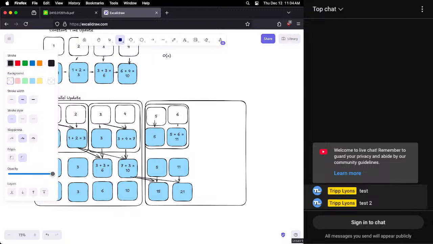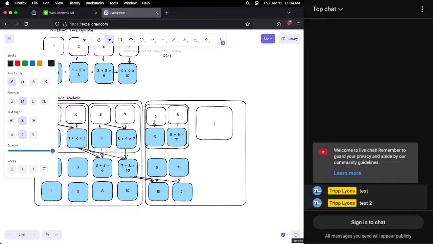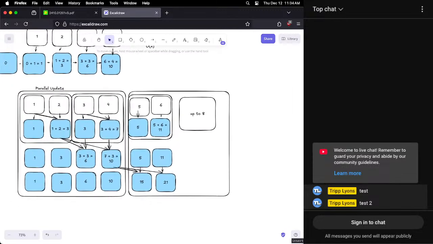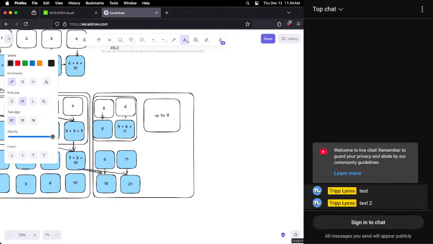And that 3 comes from the fact that we effectively have to scale up, double it 3 times, which means that this can fit up to 8 tokens. You could have tokens here, up to 8. So the way that's represented in time complexity form is O of n log n.